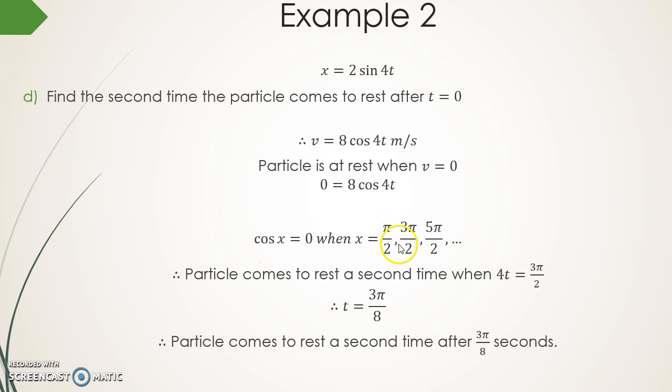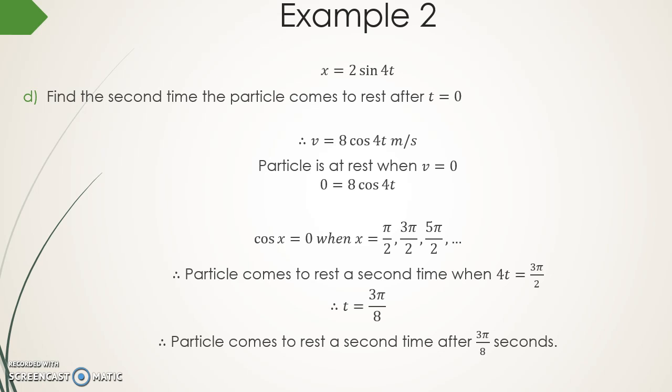It equals 0 at pi over 2, 3 pi over 2, 5 pi over 2. So the second time it comes to rest is at 3 pi over 2. So we let 4t equal 3 pi over 2 and solve for t, which gives us 3 pi over 8. So after 3 pi over 8 seconds, the particle comes to rest for a second time.